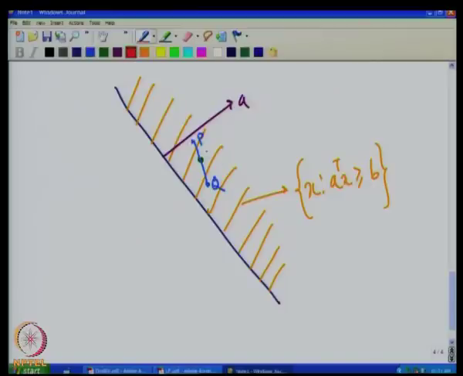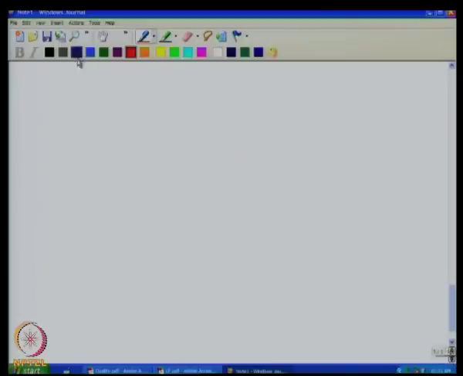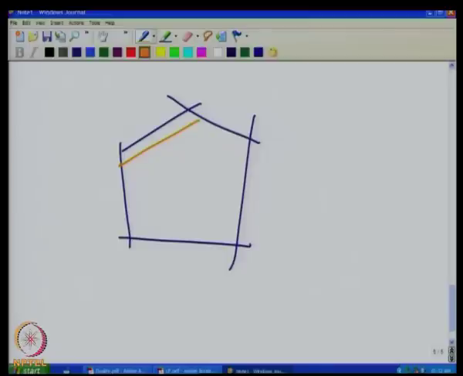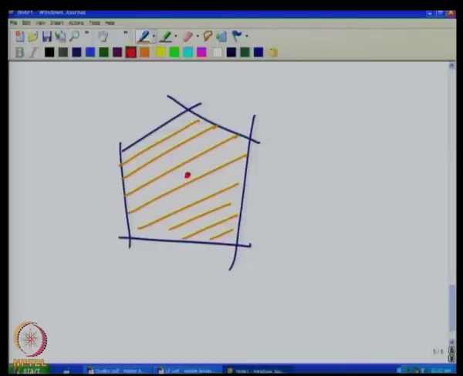The point A can be written as a convex combination of P and Q. So, if we consider a set like this, which is a convex set, and this is the feasible set that we are interested in, and we take a point in the interior of this set, let us call this point A, we can always draw a line segment PQ which is in the given set and which passes through A, so that A can be represented as a strict convex combination of P and Q. On the other hand, if we take a point here, you will see that we cannot express this point as a convex combination of any two points of the set.